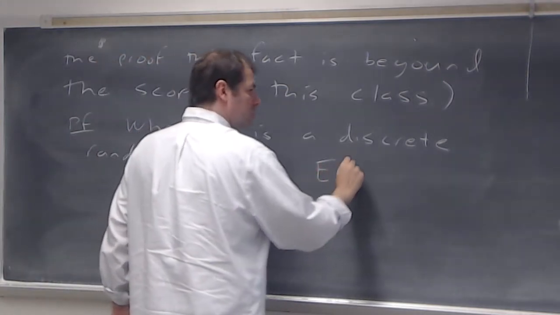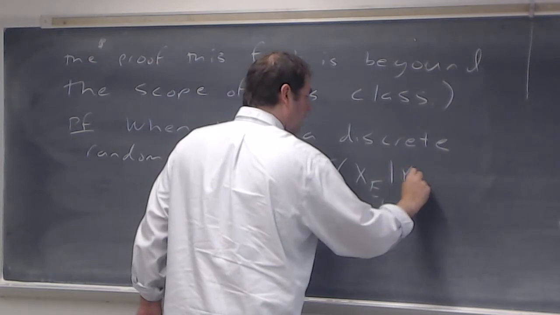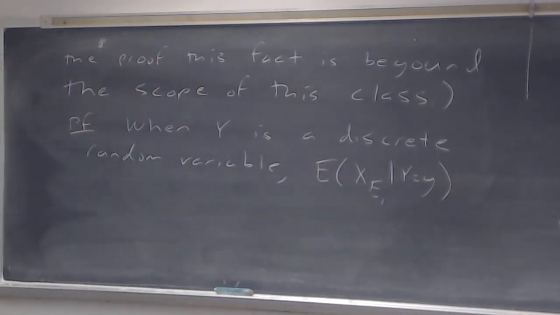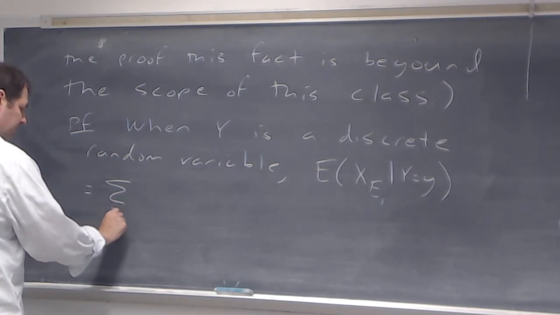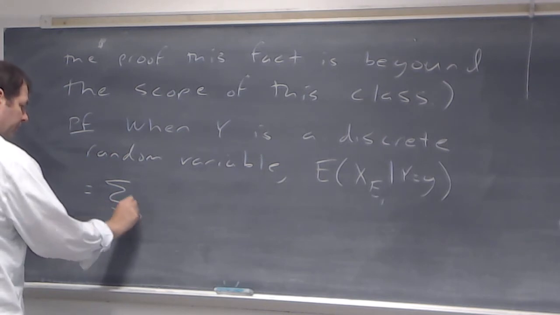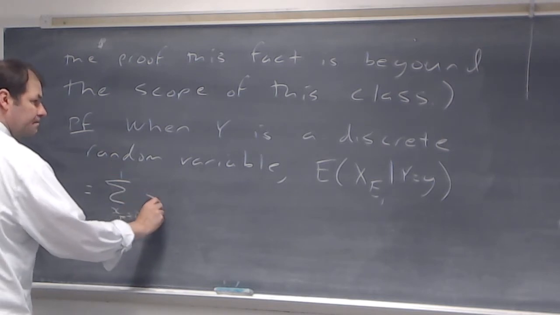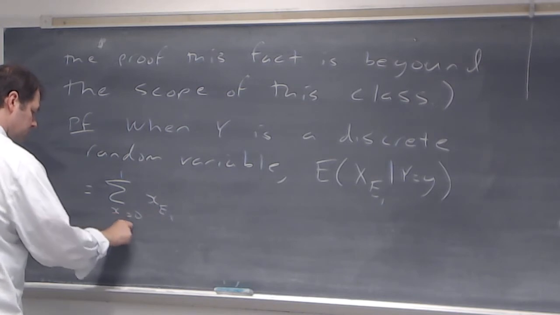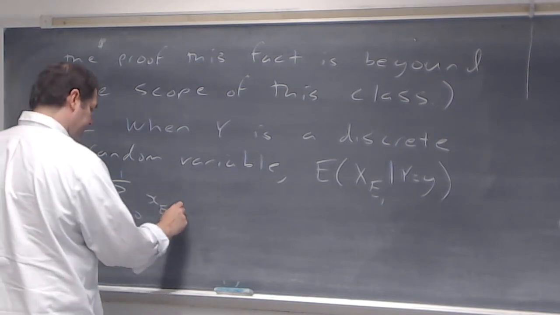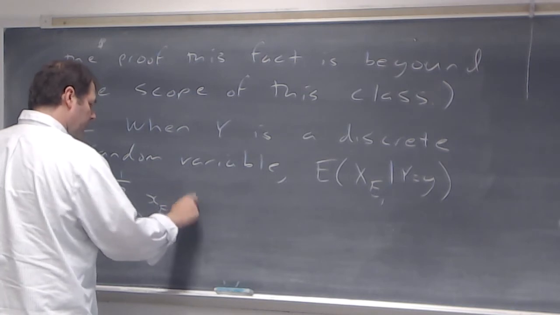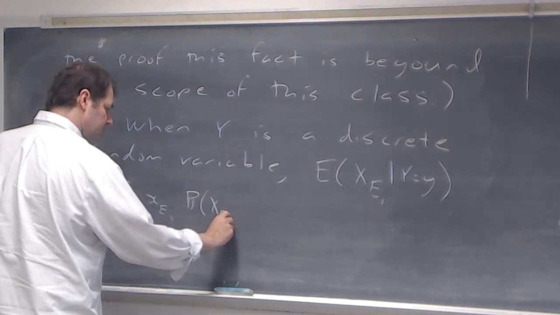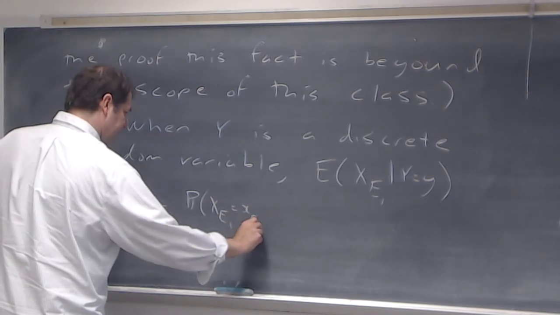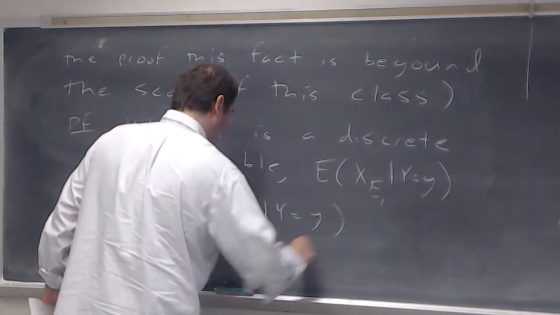Then the expected value of X sub E sub 1 given Y equals y, in the discrete case, is equal to the sum over the X sub E sub 1 values, which are 0 to 1, of x sub E sub 1 times the probability that X sub E sub 1 equals little x sub E sub 1, given that Y equals y. That's its definition.